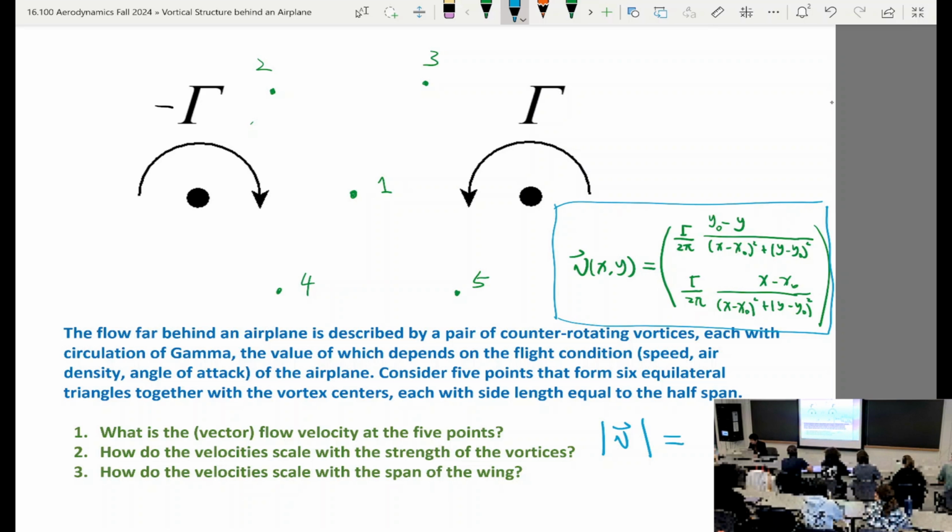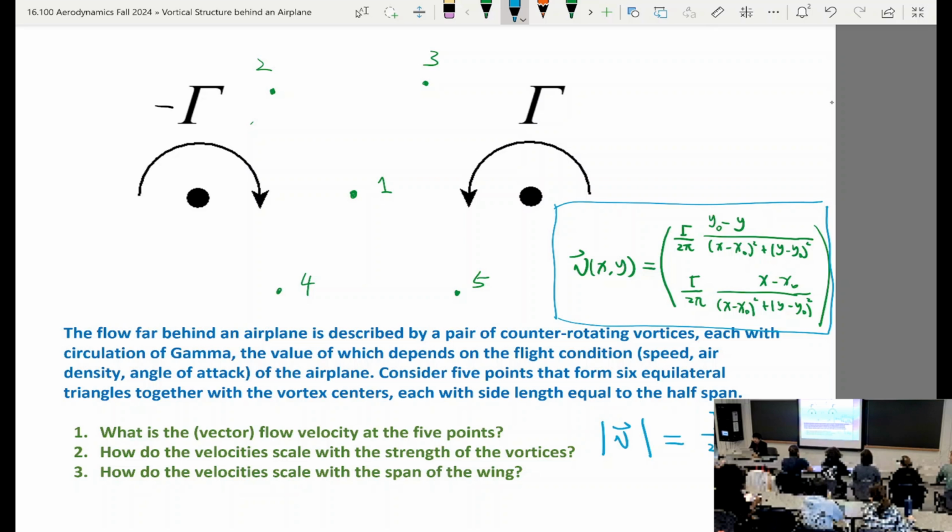Yes, the magnitude is gamma divided by 2 pi, and it depends on the spatial location as 1 over the distance of that location to the vortex.